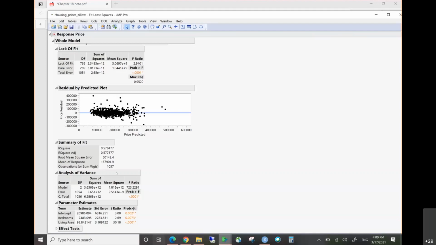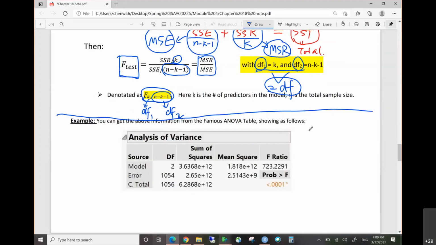The middle one we call the ANOVA table. We didn't talk about the ANOVA table in the simple regression because it is not very useful, but for multiple regression, it is very useful. ANOVA is short for analysis of variance.